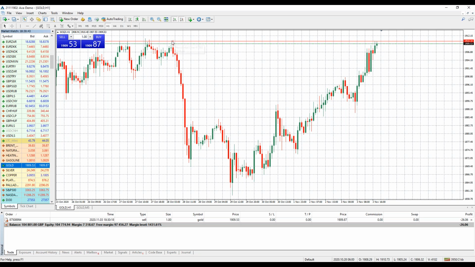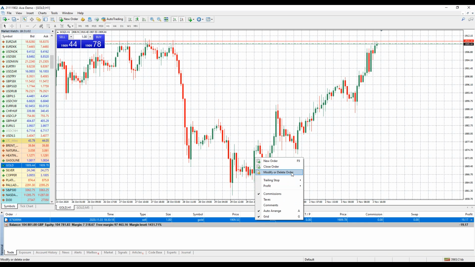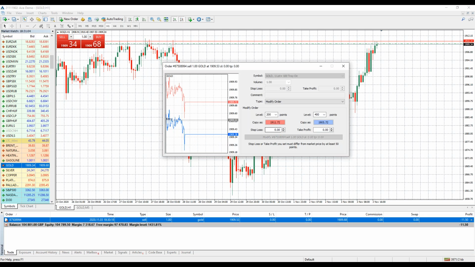I think even if it's going to break this resistance, perhaps it will pull back before it breaks it. That's a possibility, right? So then I could say, okay, my stop loss will just be up here, maybe at 1912, just above the resistance. If it breaks it, okay, then I'm out. So I could say modify, stop loss 1912.